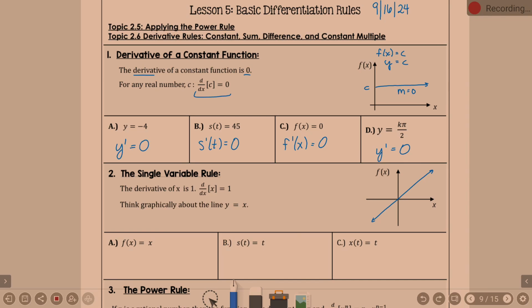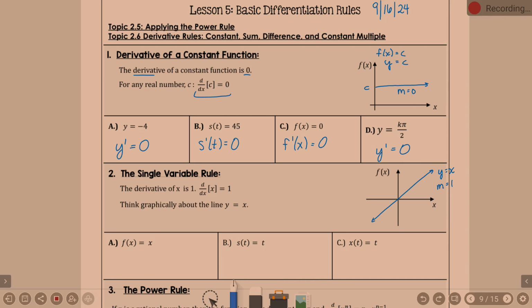That perfect diagonal line, right? So if you have y equals x, what's the slope? The slope is 1. Derivative is the slope of the tangent line, right? In this case, it's just a line, so it's just slope.